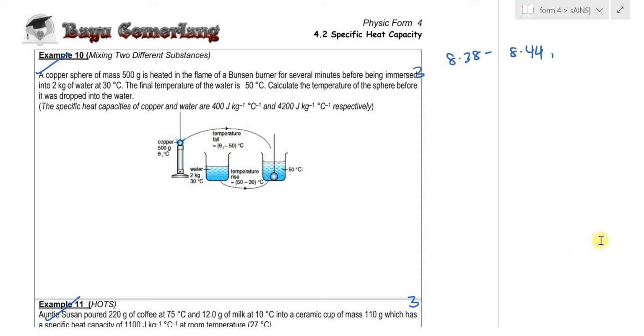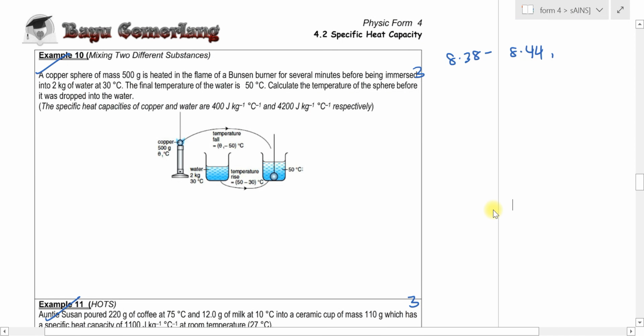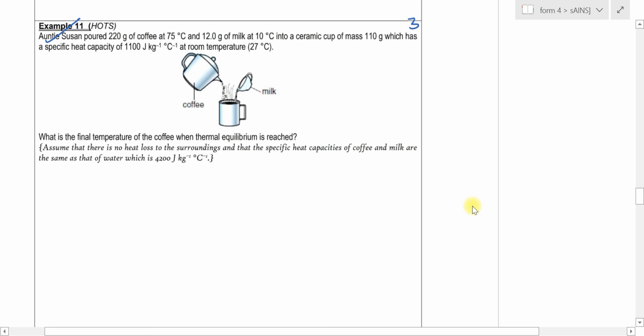First one done. The second one, I'm not sure how to do it.